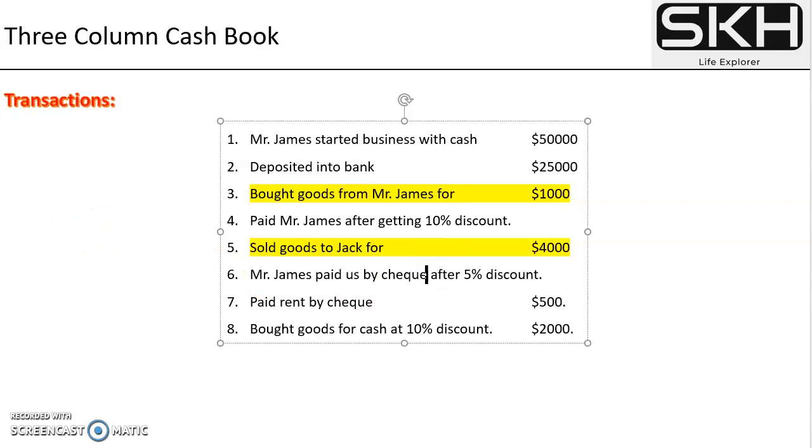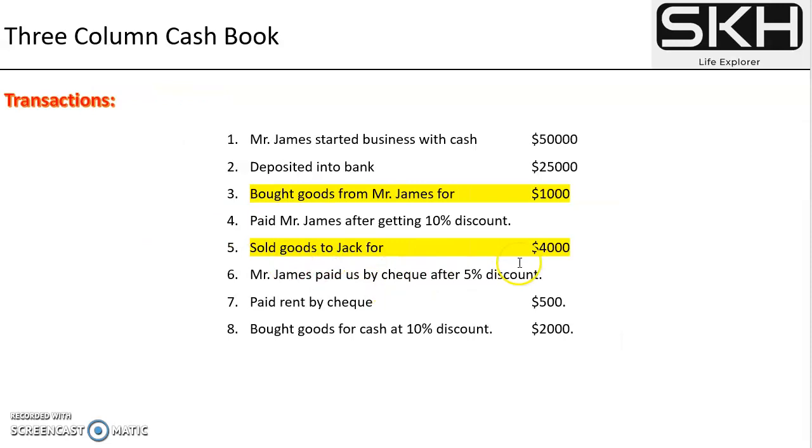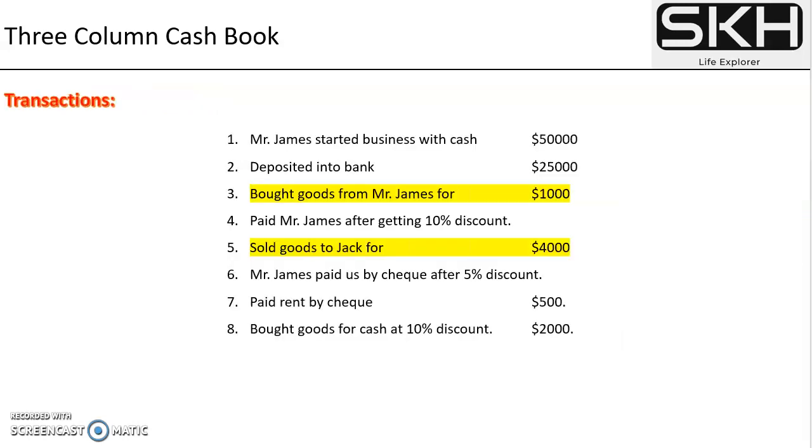This time, students, we are giving him discount, so I will write here discount 200, and he is paying us by check. So it is 3,800, the money we are receiving from Jack. You can have a look at this entry again. As we are giving him discount, it's discount allowed. So I recorded it in the discount allowed column, and after discount he is paying us 3,800.